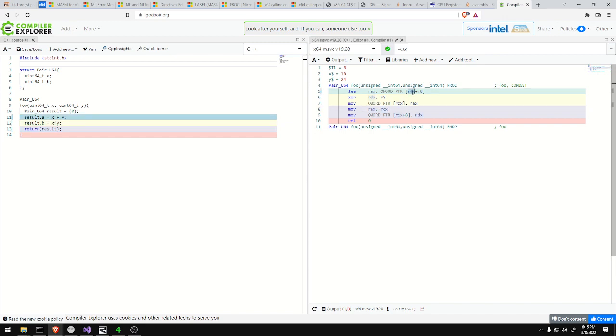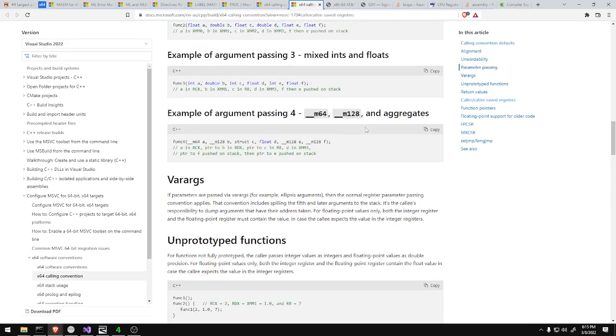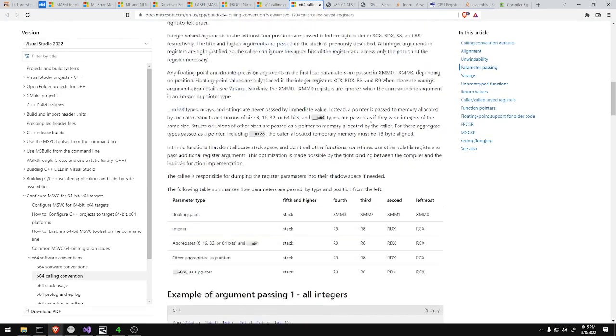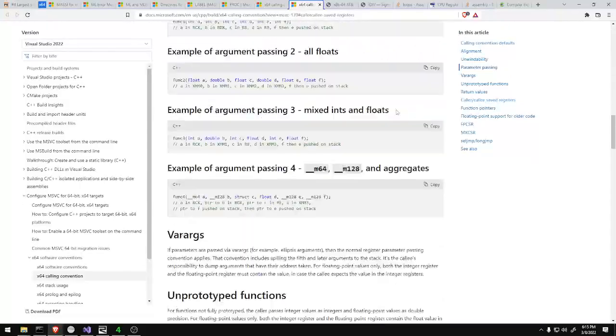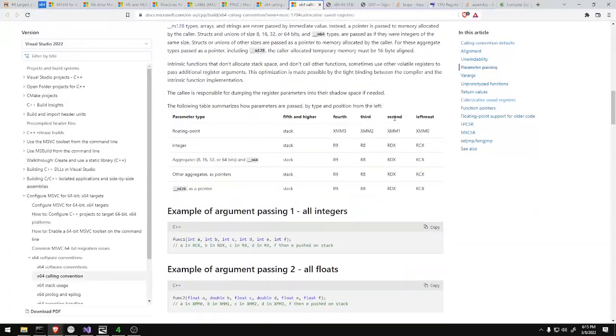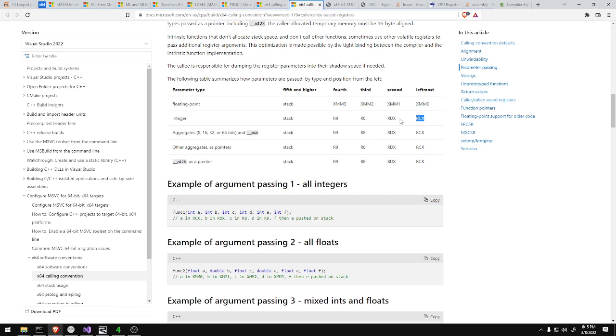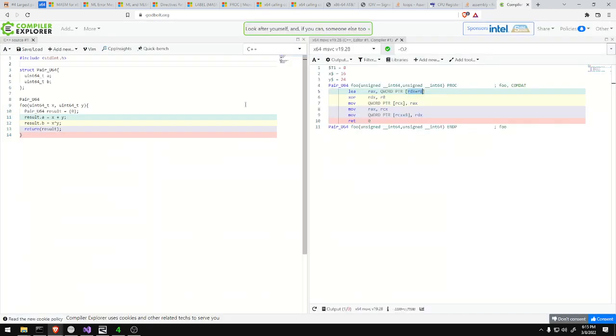RDX. So here's our sum. I think these are the first two parameters, if I remember correctly. Or the second and third parameter, I mean, after we shift it, right? Like here's the pointer, and then parameters 1 and 2 are x and y. So x and y have gone into RDX and R8, so it's adding those two together.